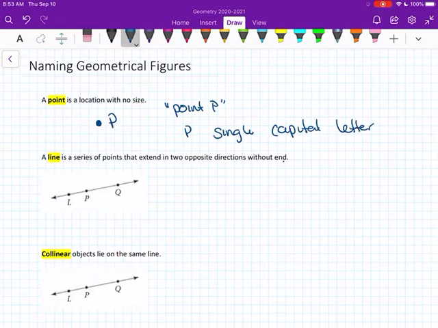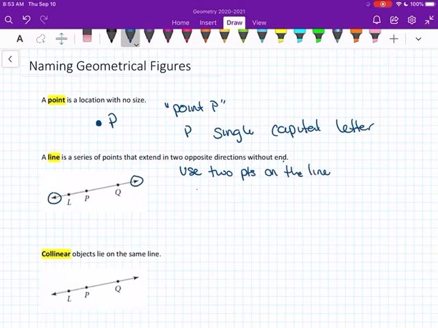All right, the next thing is a line, which is a series of points that extend in two opposite directions without end. The two opposite directions are designated by these arrows here. There's a couple different ways to name a line. The first way is using 2 points that are on the line.